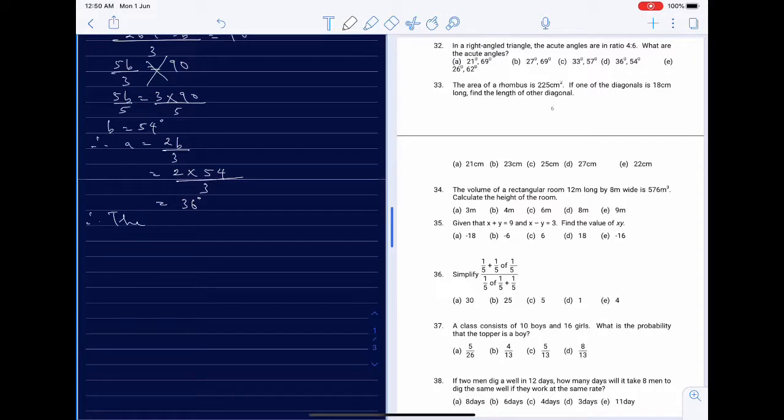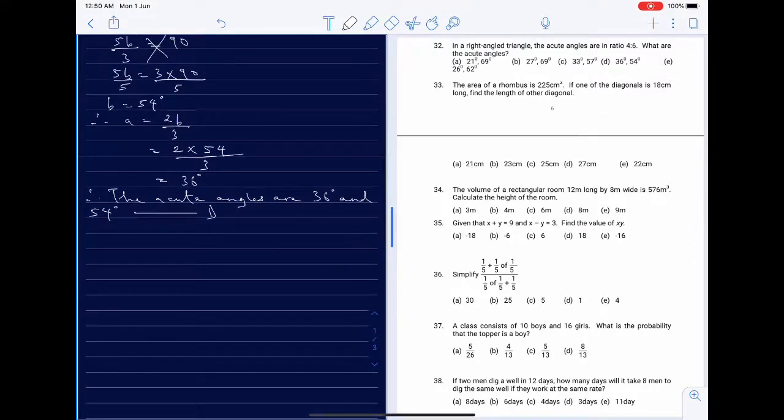Therefore, the acute angles are 36 degrees and 54 degrees. And the correct option is D. I'll be writing the options. Now we go to the next.